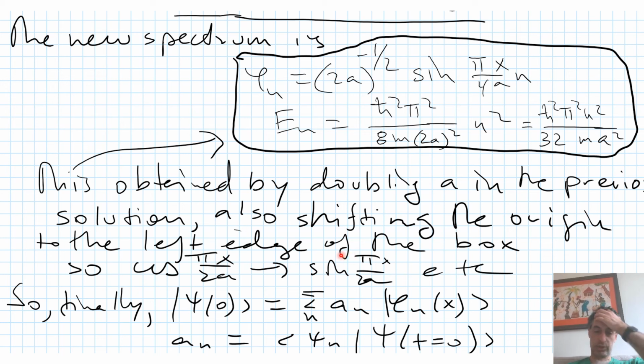I think I already mentioned that before. And so finally, the integrals we have to compute are these overlaps between, whoops, this is wrong. Let me just correct that. Between phi_n and the initial state psi, right?